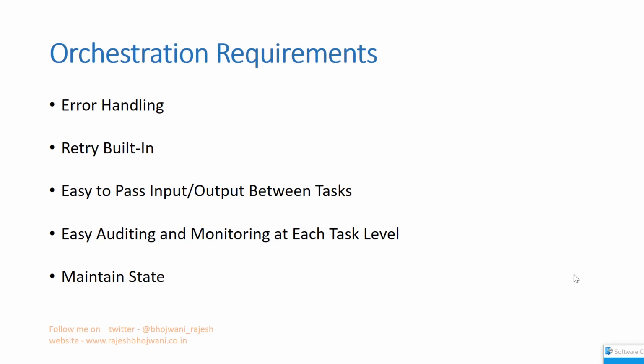and they need to talk to each other, then there are a few things which are a must to have. The first one is that at each task level there should be error handling available, where I can catch the exception and handle it. Then I should have a retry mechanism for certain types of errors.